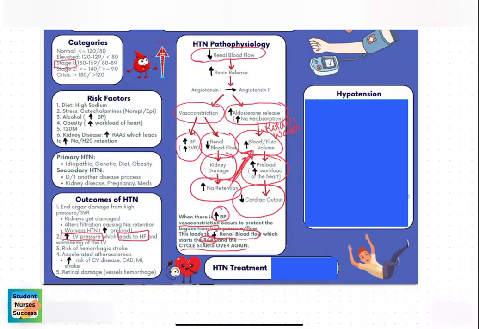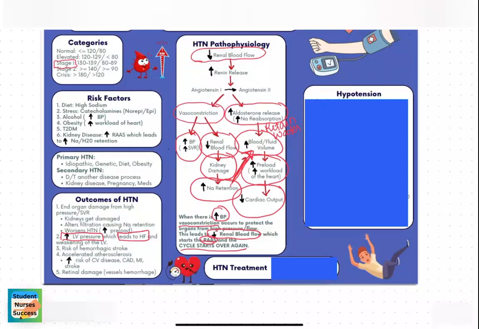Over time, that heart failure is going to decrease your cardiac output. It's going to cause a backup of blood and cause other issues that aren't going to help with your blood pressure as well. The risk of hemorrhagic stroke increases with high blood pressure. Remember, stroke has 2 causes: ischemic stroke, which is from a clot, a thrombus, or an embolus.